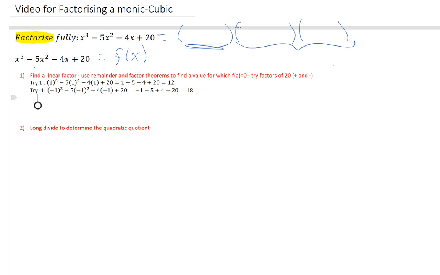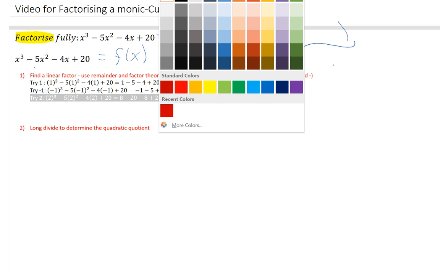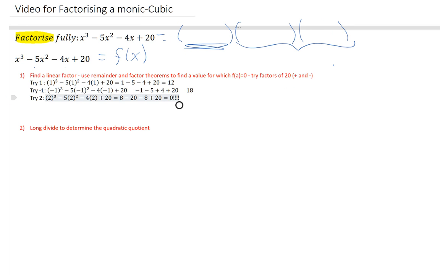We just keep trying factors until we get one that works. Here, I tried 2. Luckily, it's the last one I have to try. When I put in 2, I get 2 cubed, which is 8, minus 5 times 2 squared, which is minus 20, minus 4 times 2, which is minus 8, plus 20, which is 0. So this does mean that we have found what we were after. We found one of the linear factors.